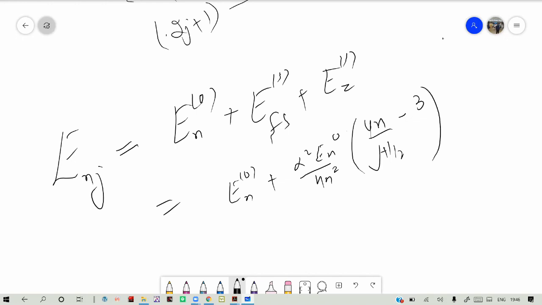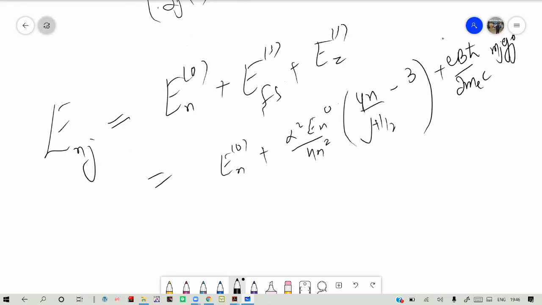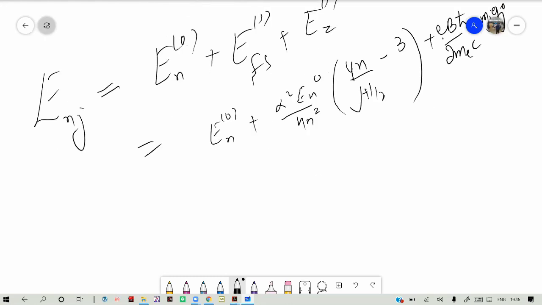If you remember, MJ GJ. Okay, so this is the complete expression of the energy of the atom, including all the perturbations, the energy level of that atom. And here we have an MJ factor.